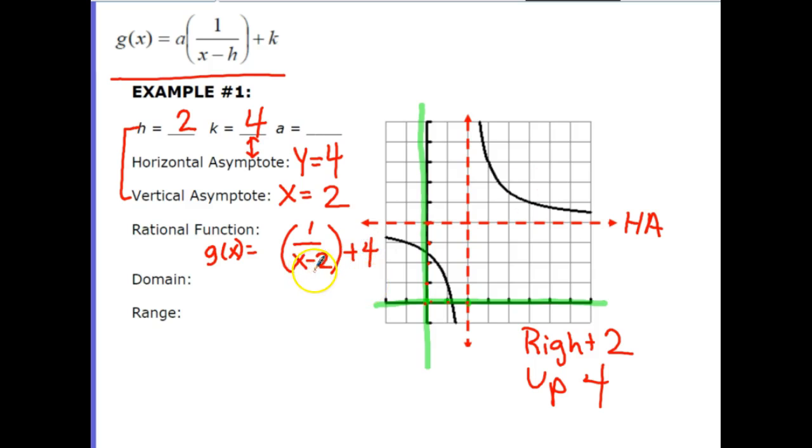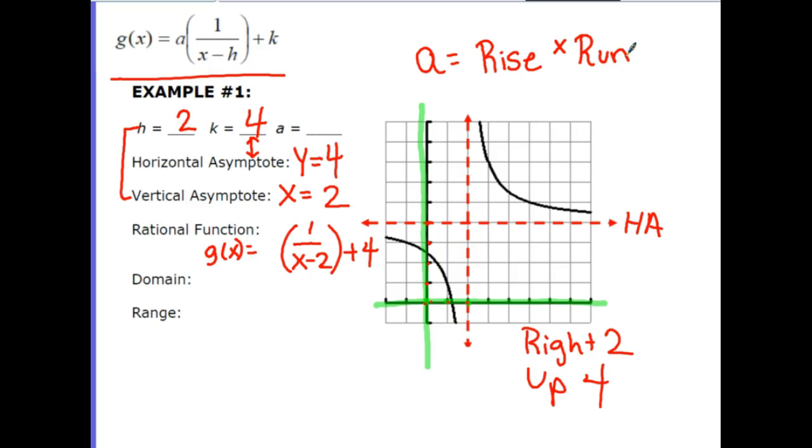It's been moved right 2, but x is a liar, so it's minus 2, and up 4. Now, how do we find the a? The a, instead of being rise over run, is going to be rise times the run.